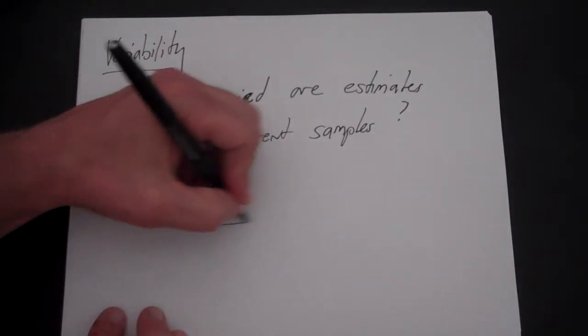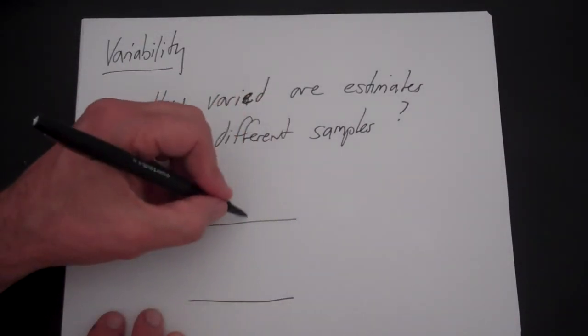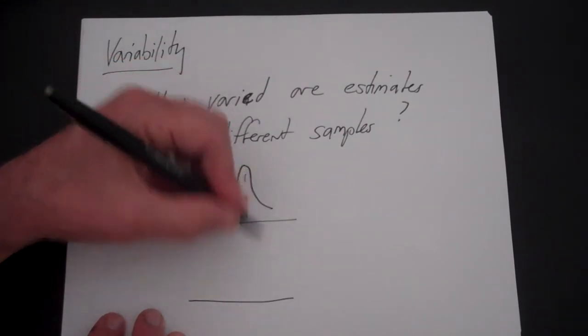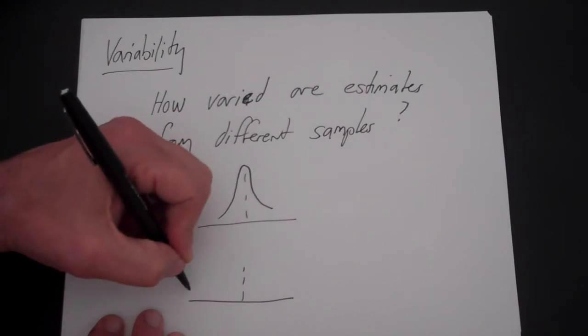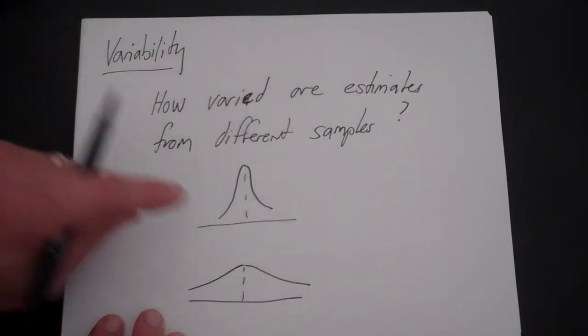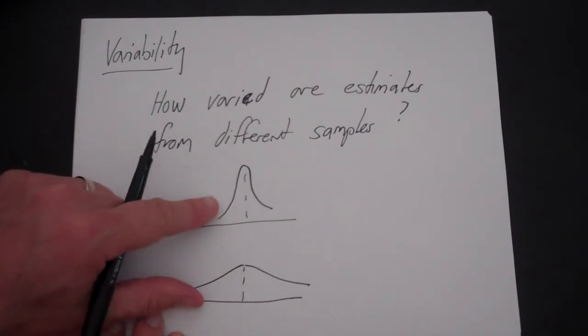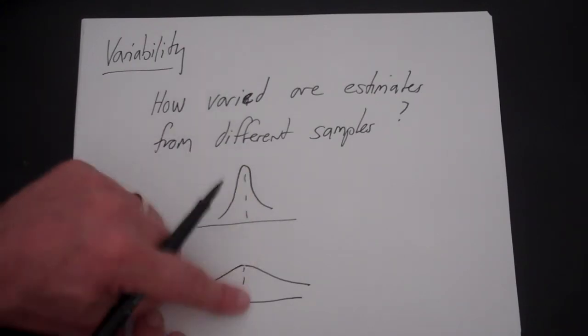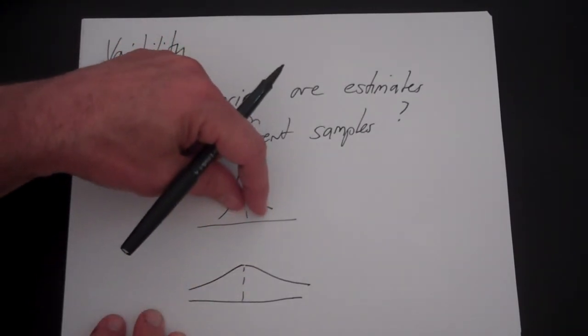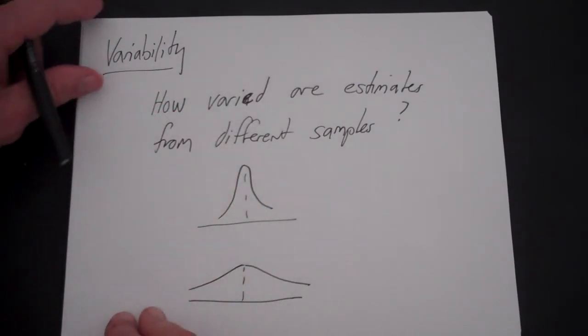And again, think about a distribution. Here are two different estimators that have similar means, but in this one, all the estimates would be clumped close to the mean, and here it would be much more spread out.